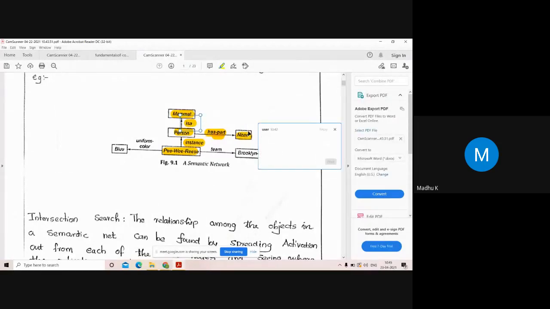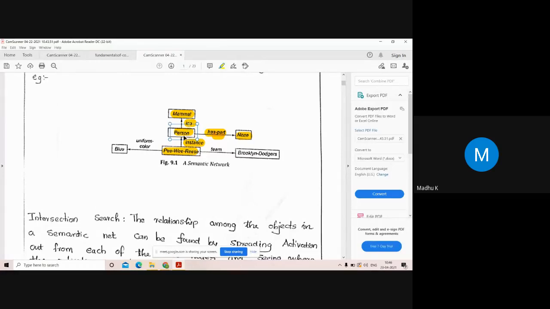In the semantic network, the is-a relation is used to represent the subclass, superclass relationship. Okay, you know mammal. Person is a subclass of mammal. To represent that, we are using is-a.